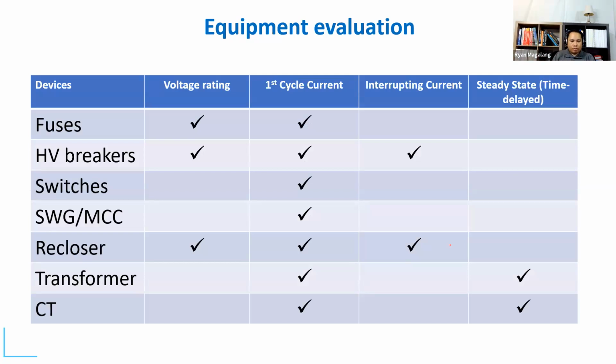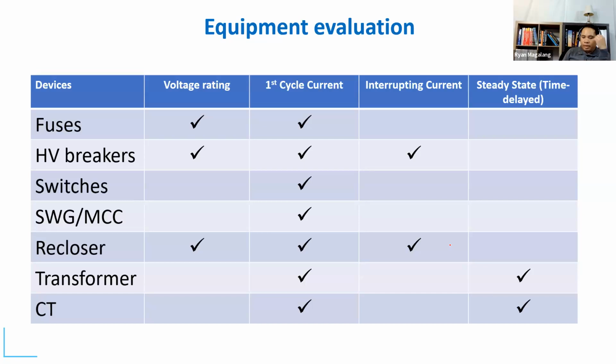Some breakers are normally rated in symmetrical rating, but when they are tested in the laboratory, they are subjected to a certain level of X/R ratio. Typically, I believe 17 is the X/R ratio.